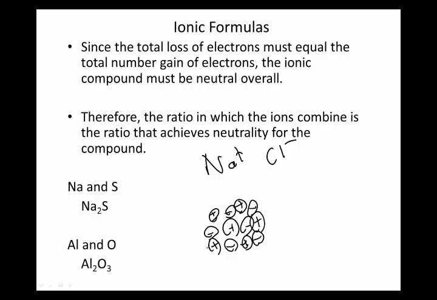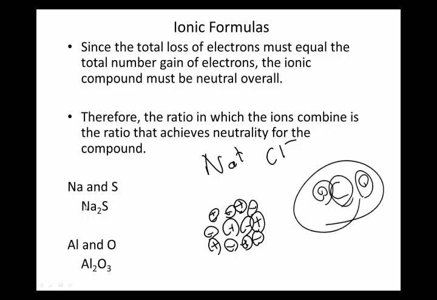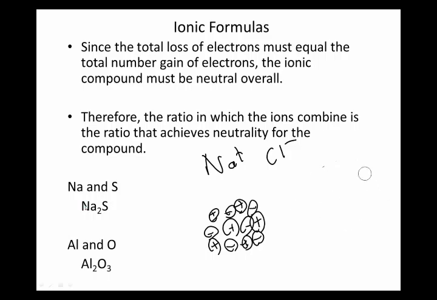So what we're showing in the formula is not like a molecule, not like H2O or CO2, where in CO2 you have a carbon atom and 2 oxygen atoms, and that is a molecule in itself. That doesn't work this way with ionic compounds. Ionic compounds form these lattices, and so when you see sodium chloride, the formula is the ratio.